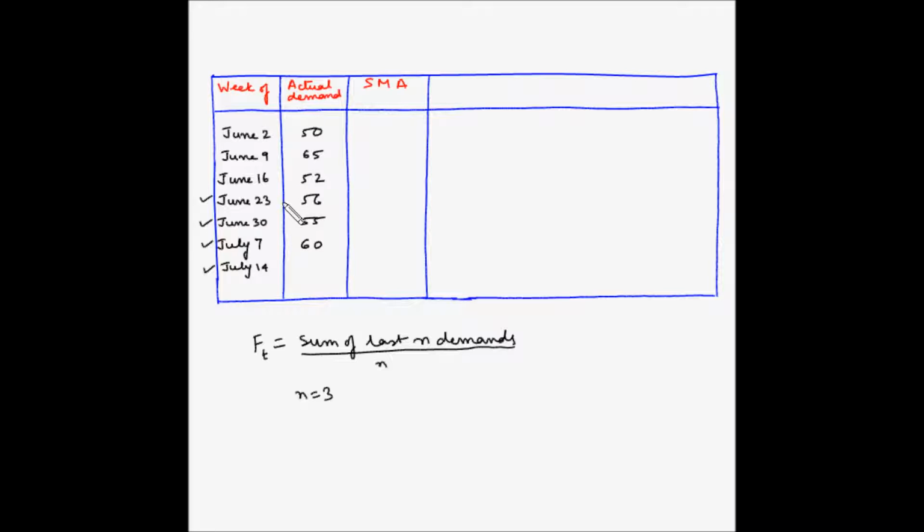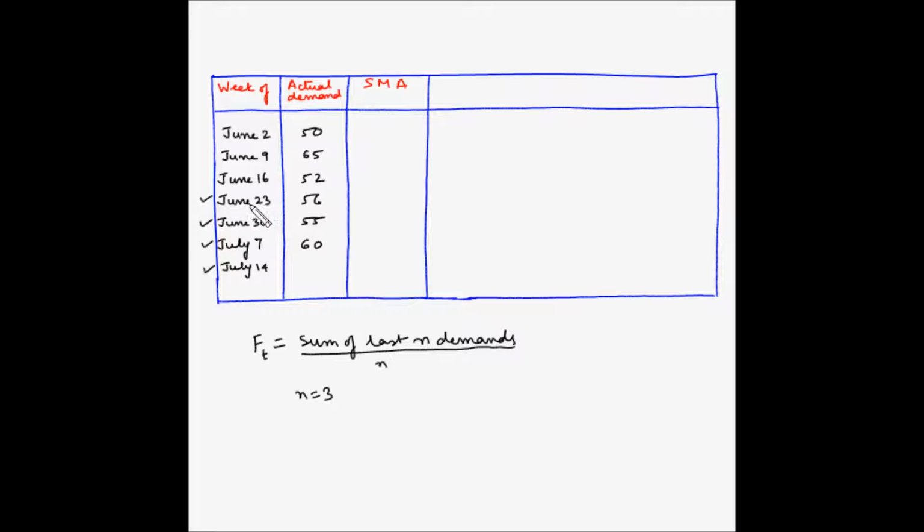So if we have to find out the forecast for the week of June 23rd, we will be taking the average of the last 3 periods available to us, which is June 2nd, June 9th, and June 16th. Similarly, when we move to forecasting for June 30th, we'll take the last 3 demands, which is June 9th, June 16th, and June 23rd.